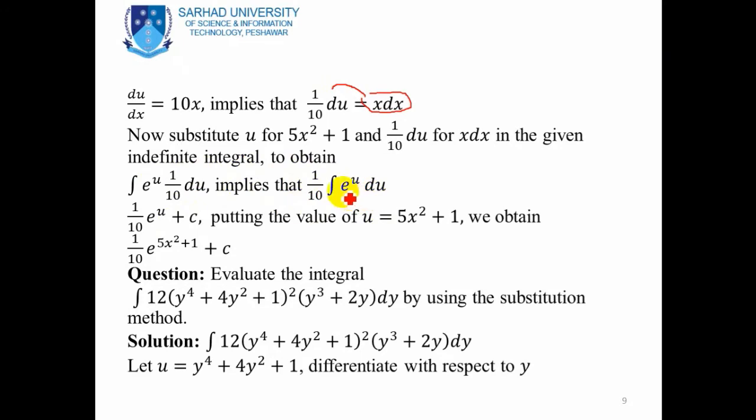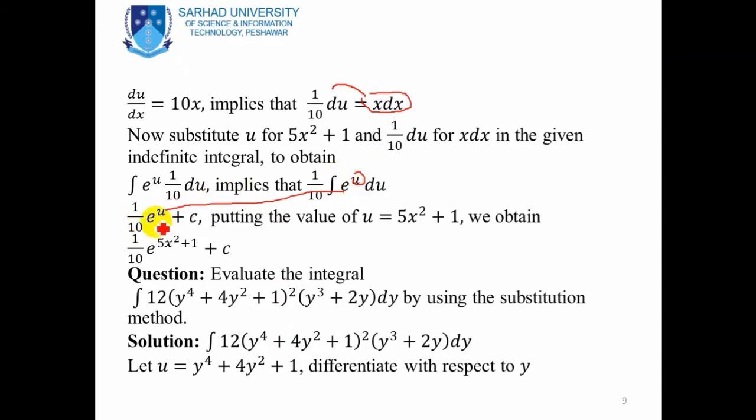So the integration of the exponential function is like you see over here. Because we know that the derivative of e power x with respect to x is equal to e power x, the integration of e power x with respect to x is also e power x. We can write that the integration of an exponential function with respect to its domain is as it is, divided by the further derivative of the argument. Here the argument is u, so the derivative of u with respect to u is again 1.